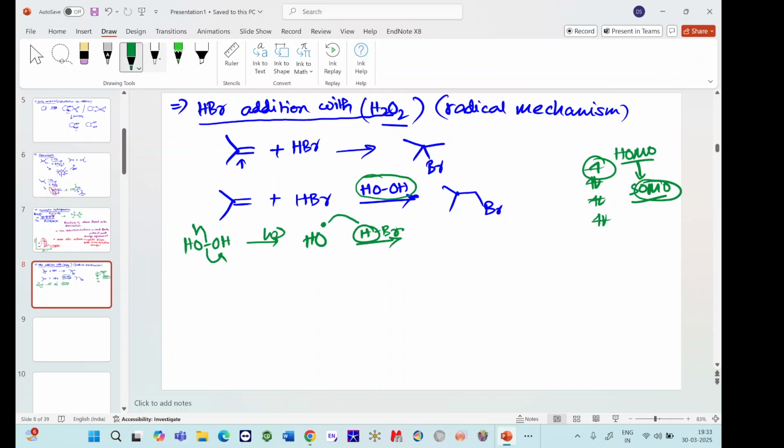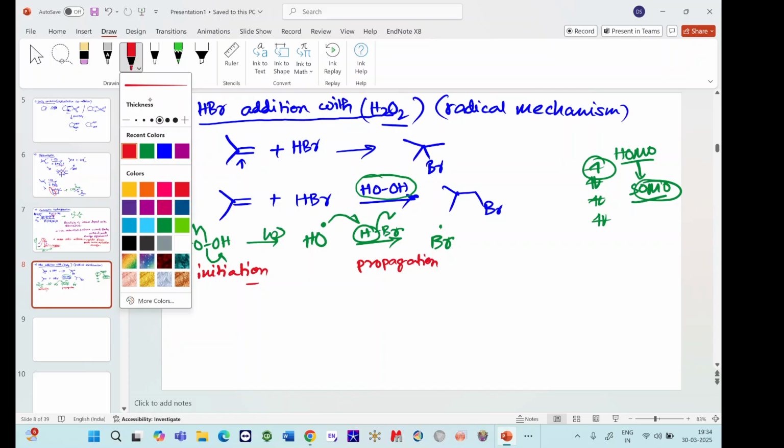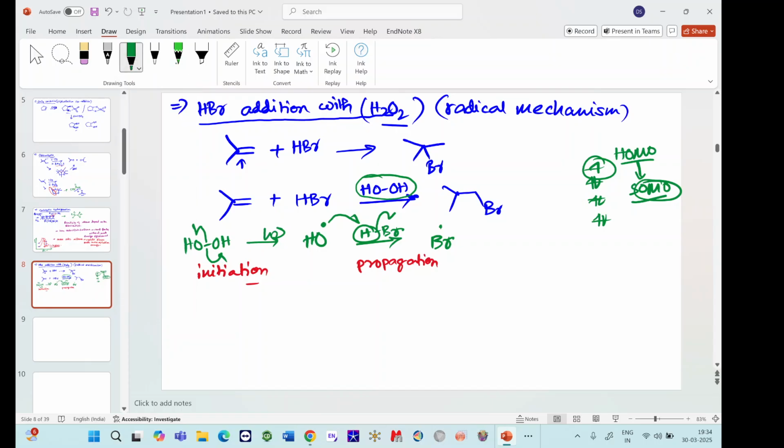It will go and take the proton, and this bond will also break and give the electron to the bromine. So a Br radical will form. So what is happening after initiation? After initiation, your radical is propagating. Now imagine the next steps.